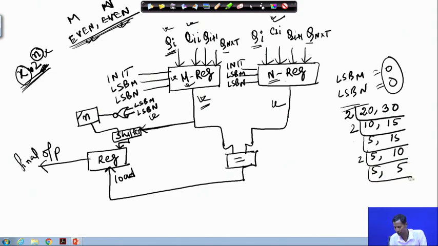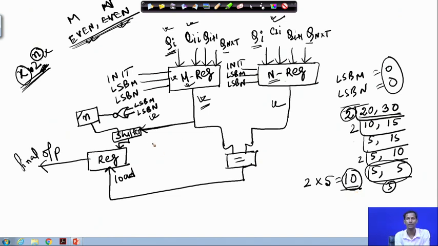So, both are the same, and this is 5. Only at this particular position both are even, so 2 into this is the terminating condition. So, 2 into 5. The GCD of 20 and 30 has to be 10.